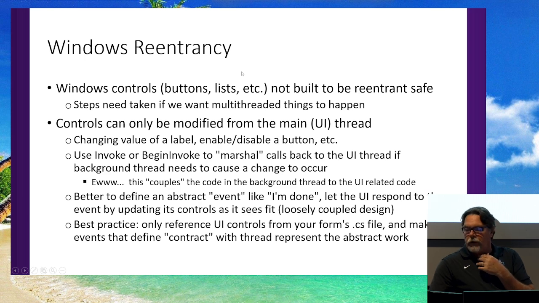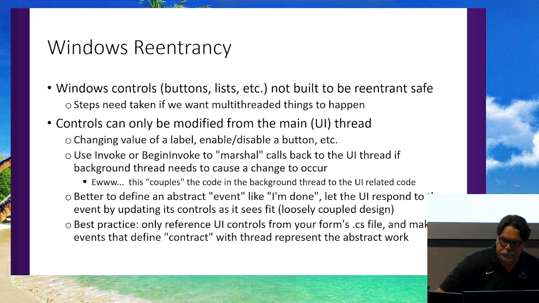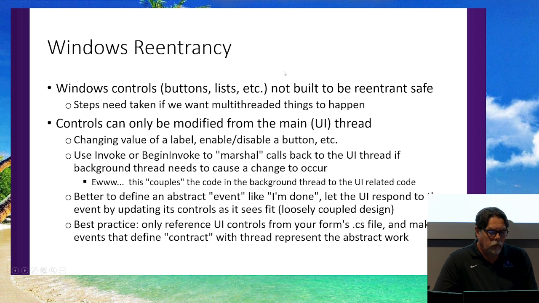So, back to the Windows reentrancy stuff. We've got these Windows controls. The big point to make here is Windows was written in C, and then some parts began to be in C++.